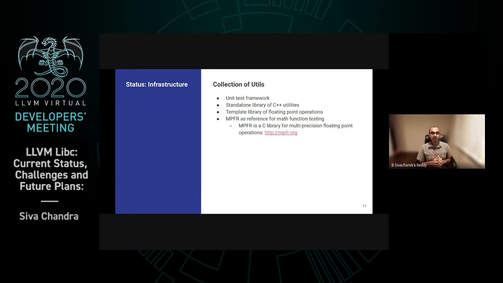It is a wrapper library for the GNU MPFR library. In LLVM Libc, we use this wrapper to set up unit tests for our math functions. It helps compare the results produced by LLVM Libc math functions with the results of equivalent functions from MPFR. We set up MPFR to perform computations at a much higher precision, much higher than the 128-bit floating point format.